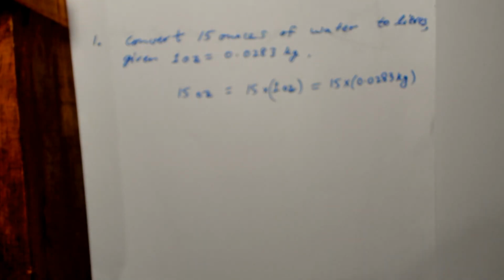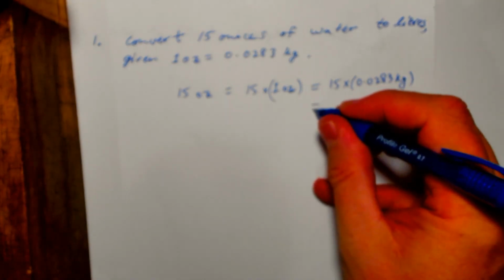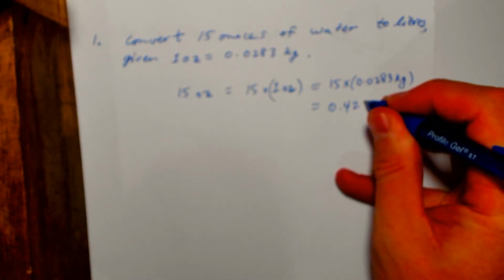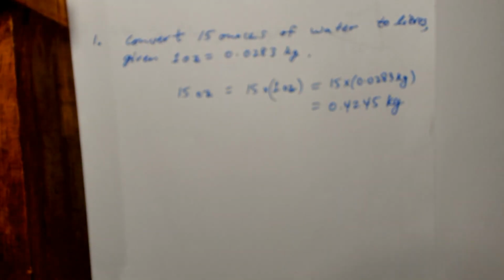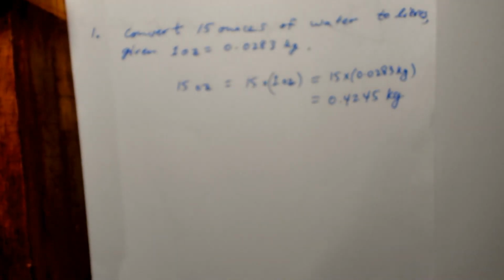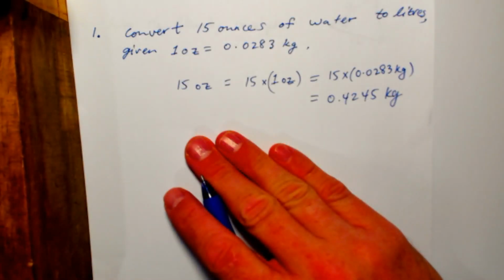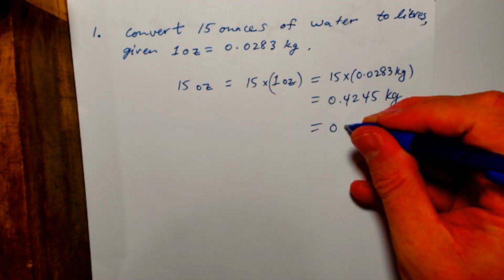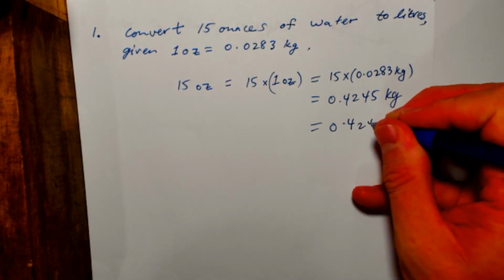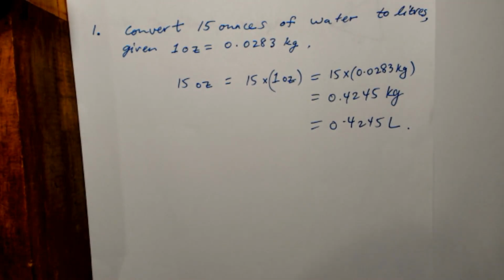Take that product and we get 0.4245 kilograms. But 1 kilogram of water equates to 1 liter of water. Okay, so this is 0.4245 liters. Great, that one's done.